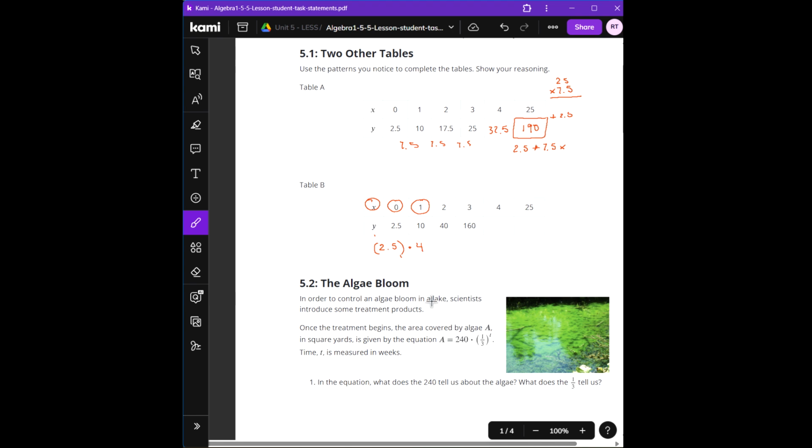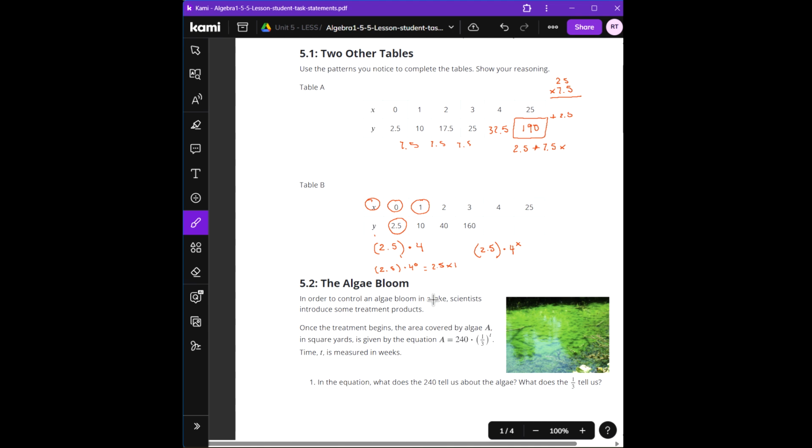Okay, and so when we have, remember, 2.5 times 4 to the 0, remember that is just 2.5 times 1. Okay, and so that's going to give us our 2.5. Okay, and then we can write this as an equation as 2.5 times 4 to the x. Okay, so our x is going to be our exponent.